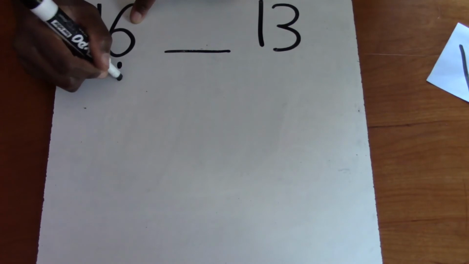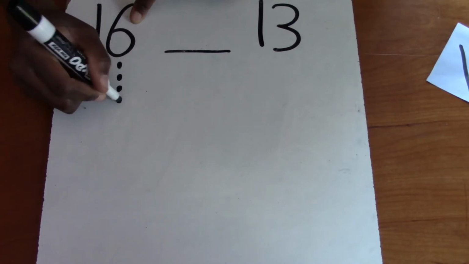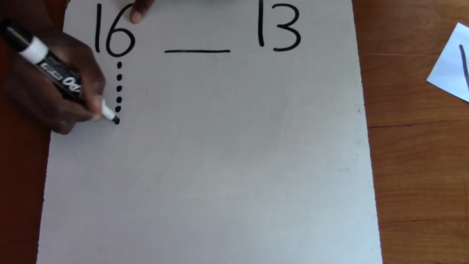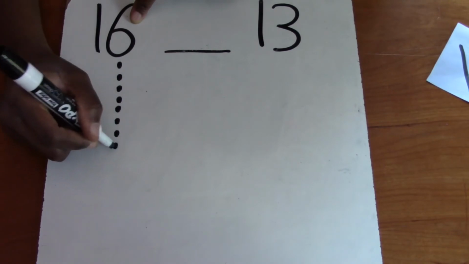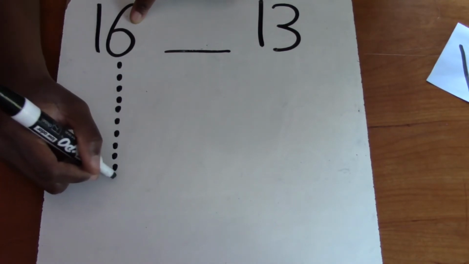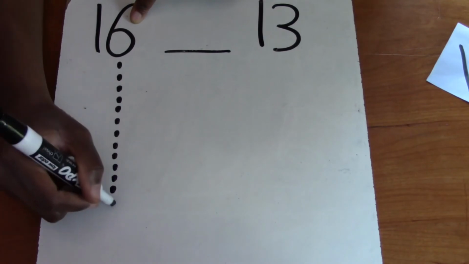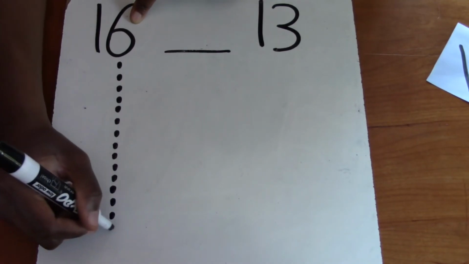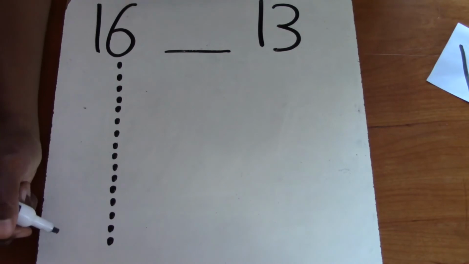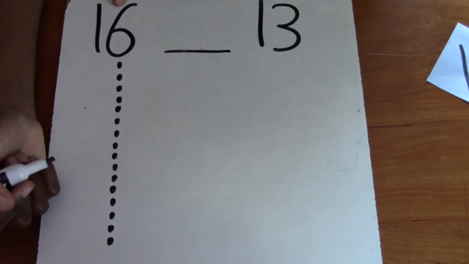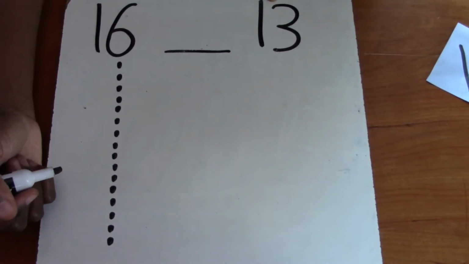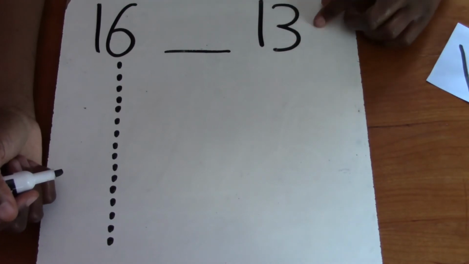1, 2, 3, 4, 5, 6, 7, 8, 9, 10, 11, 12, 13, 14, 15, 16. Oh, I need to stop at 16 because I was doing 16 dots. Now, how many dots am I going to do over here?